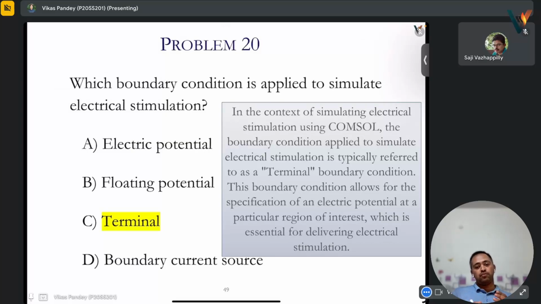This allows specification of electric potential at a particular region or area. In the bulk, the material is modeled by a similar property or equation, but on the terminals there will be a different equation in play. So in this case it is the terminal boundary condition that is relevant.